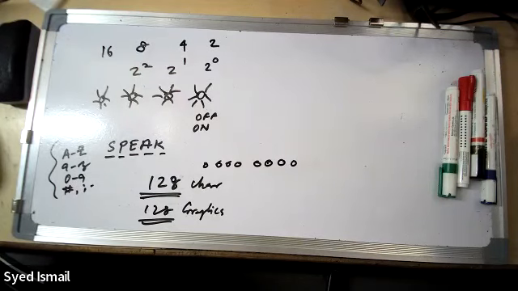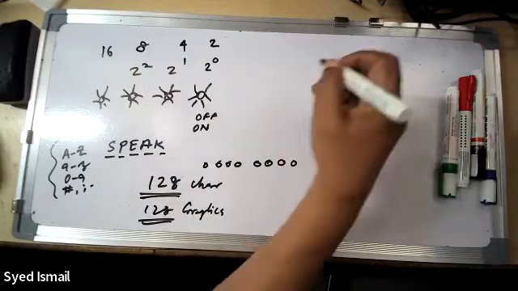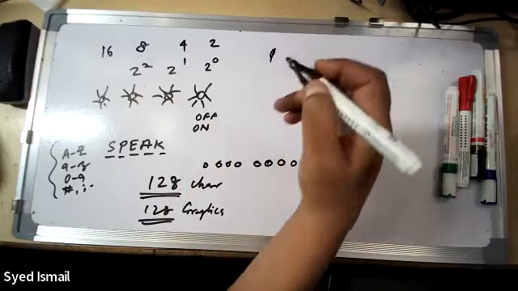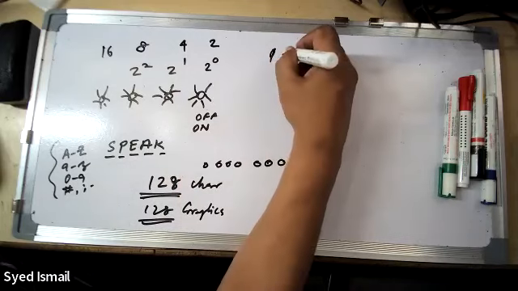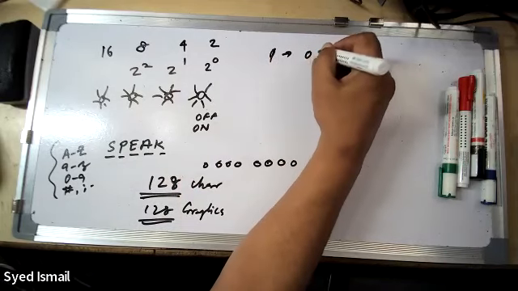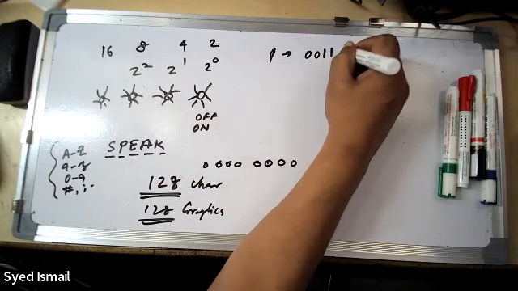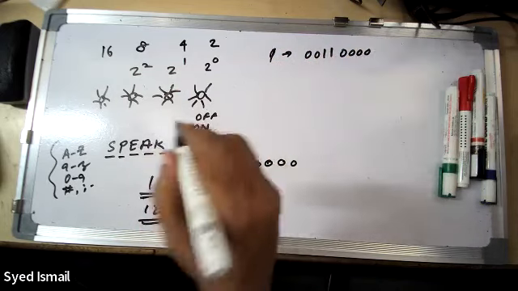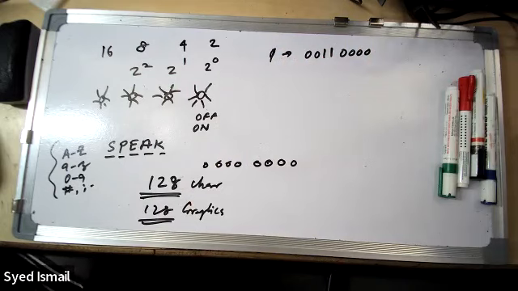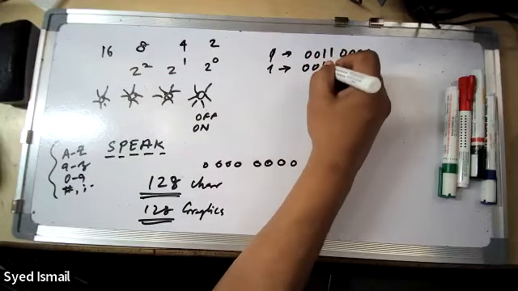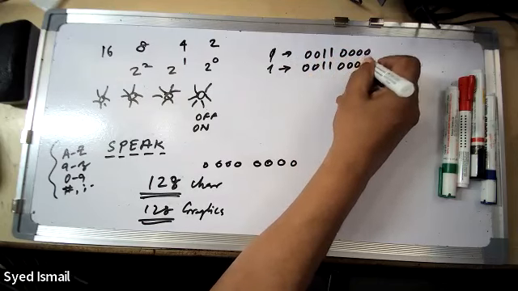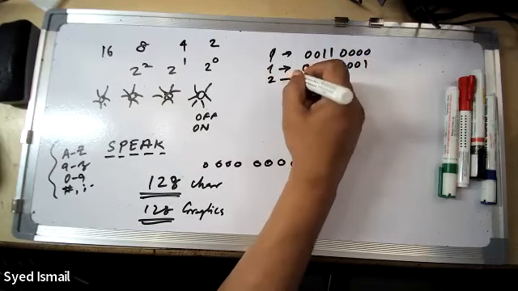Letters, how they are made. Now, let me say I want to write 0. Somebody like you and me only. So 0, I want to write. They started writing. Okay, this is 0. Now 1, I want to write. So 1, they start putting like this. And I want to write 2.